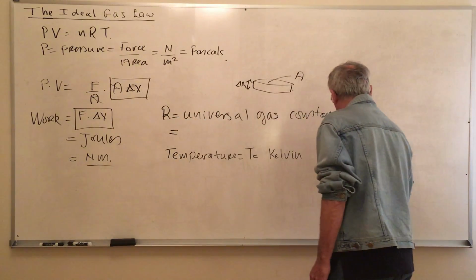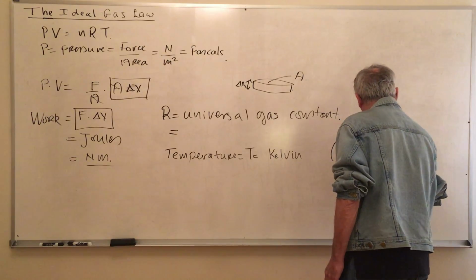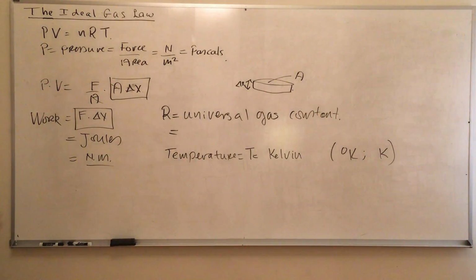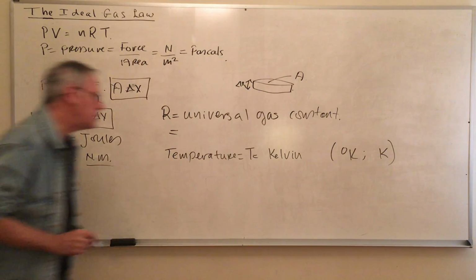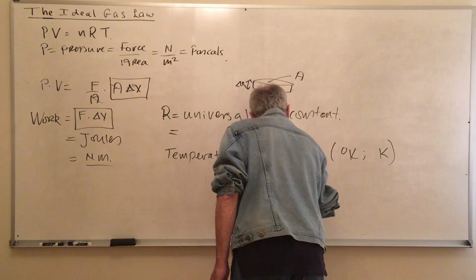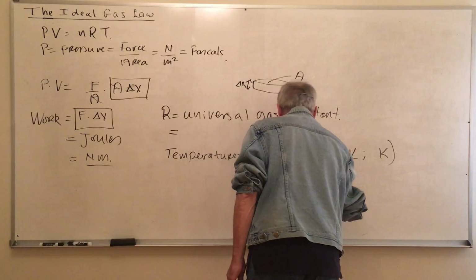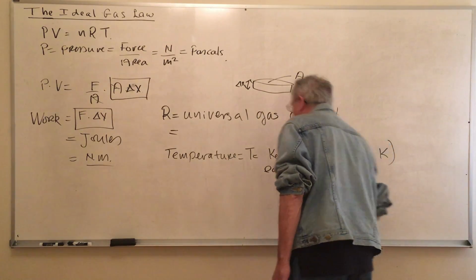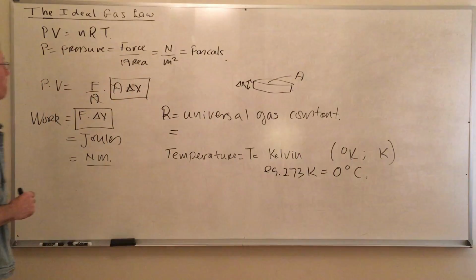We don't write degrees Kelvin like that, we just write K. For example, that's just a reminder, 273 K is the same as 0 degrees centigrade.